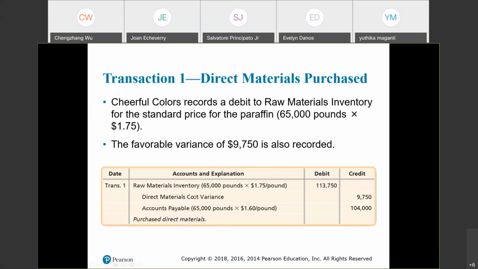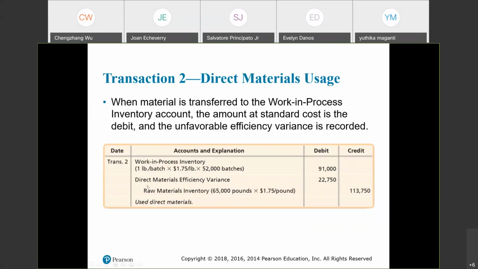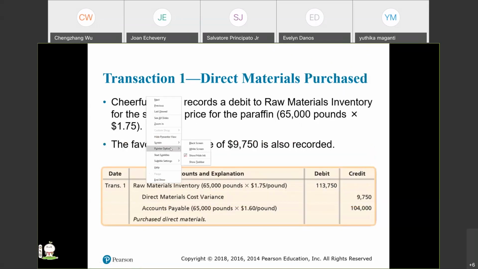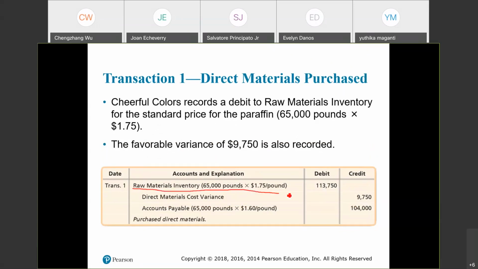Well, let's take a look. This account and this account are two accounts that you are familiar with in your financial accounting class, right? To debit raw material inventory and to credit accounts payable.